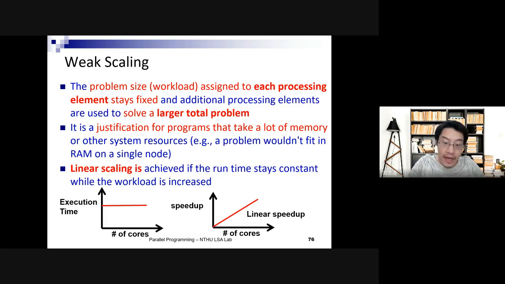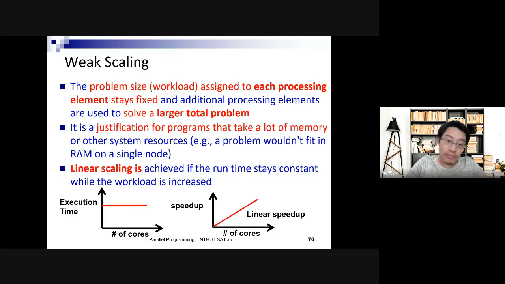Okay. And also you can see on the left-hand side, the execution time for the experiments you conducted under different core counts will, ideally, in a linear speed up case, remain the same. So you don't need to worry about the execution time at different scales like we have for the strong scaling case.